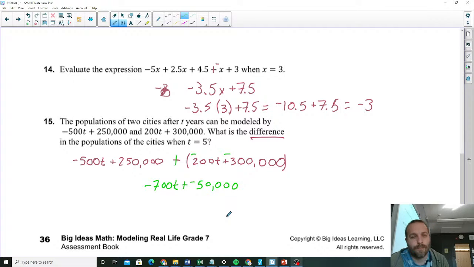And so then we want to know what's the difference in populations when t equals 5. So we substitute. We go negative 700 times 5 plus negative 50,000.